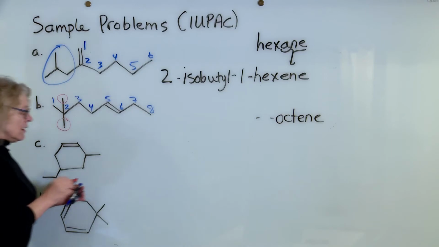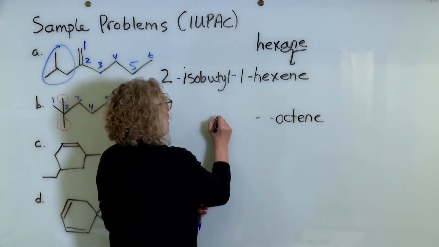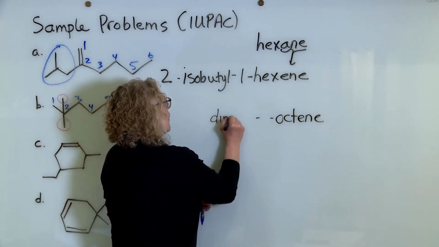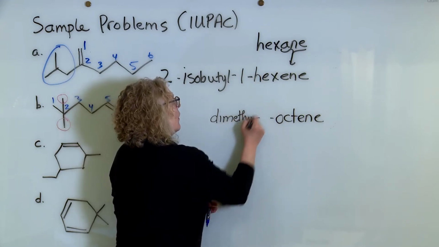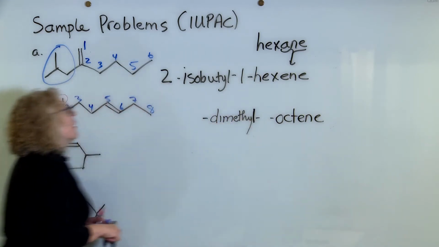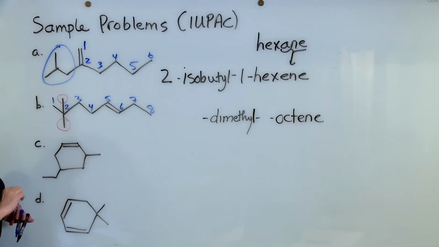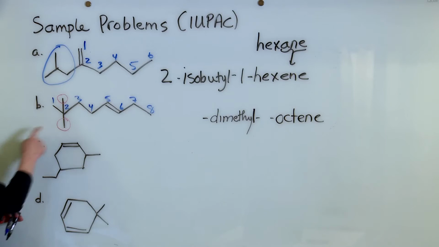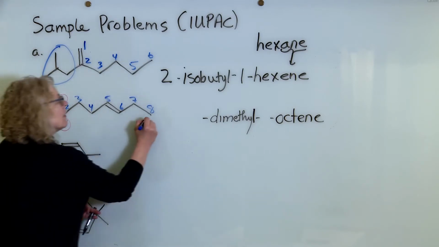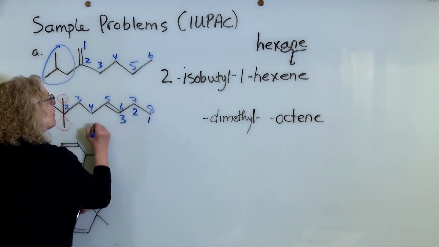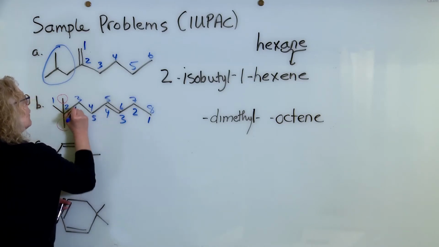So this is a dimethyl octene. The question is, what is the numbering going to be? The only thing we need to take into account is giving the double bond the lowest possible number because it is higher priority than the methyl groups.